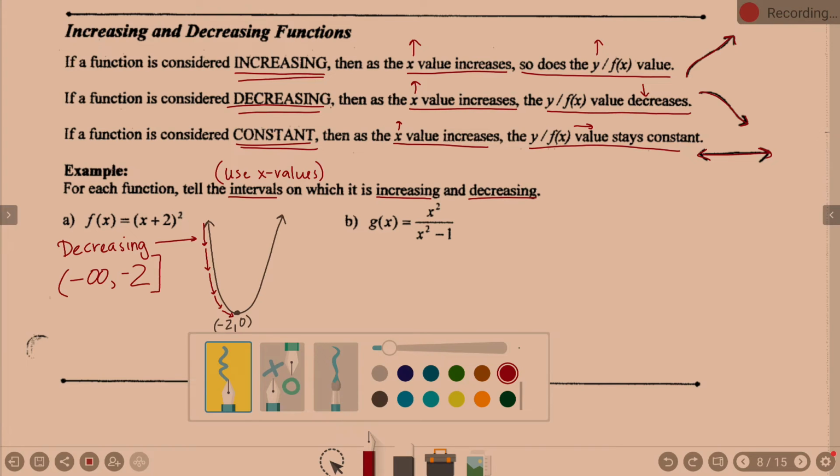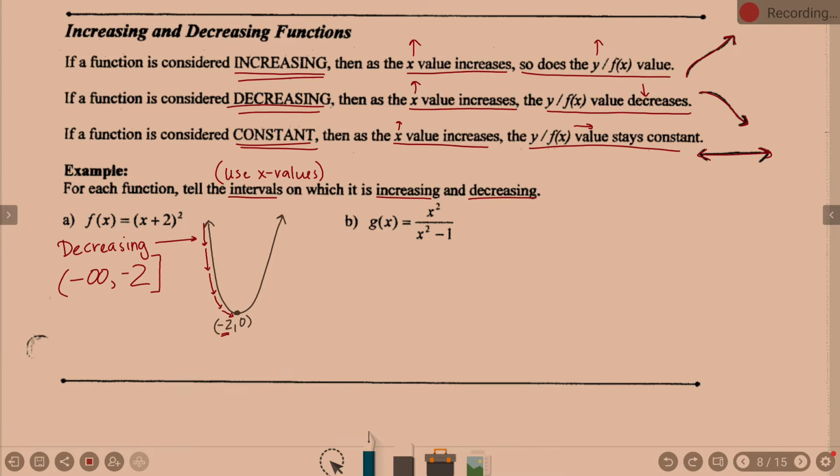Okay. So now, after we pass through (-2, 0), what do we do? As we continue to move right, we are moving up, and that is increasing. When did I start increasing?